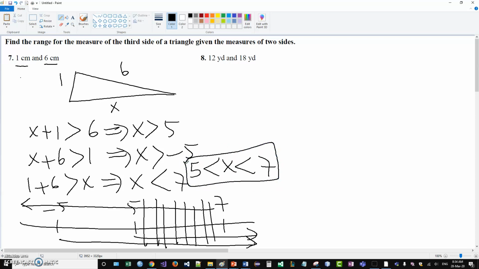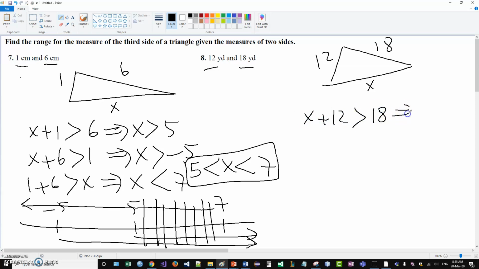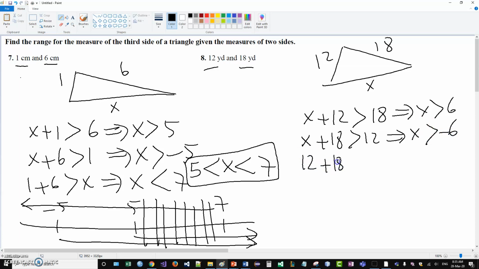Okay, one more time. 12, 18. So let's say this is 12, this is 18, and this is x. X plus 12 greater than 18, x greater than 6. X plus 18 greater than 12, x greater than minus 6. 12 plus 18 greater than x, x less than 30.